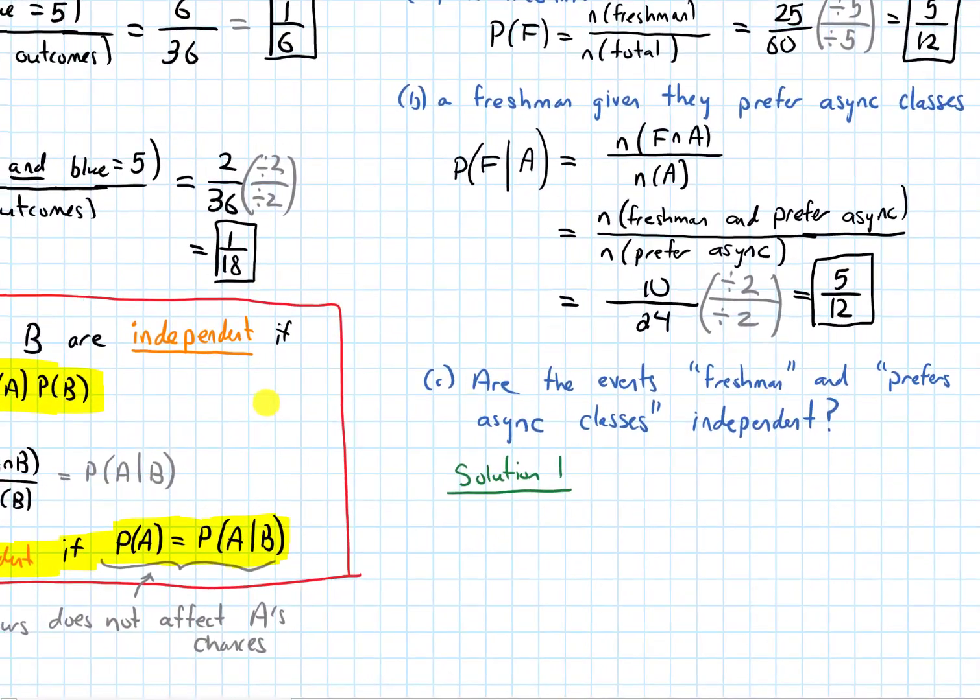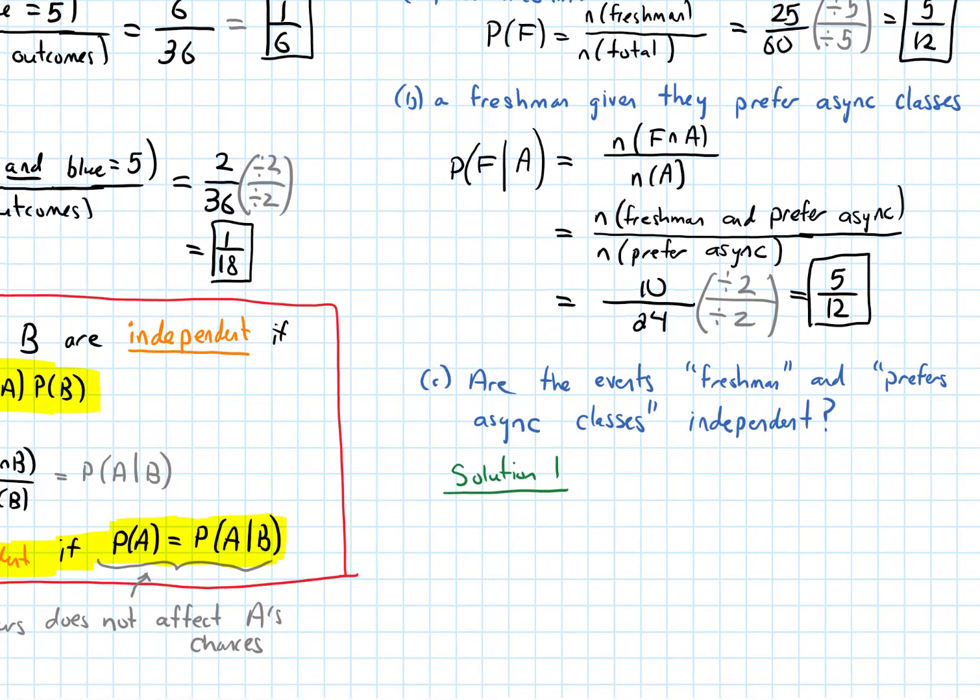Okay, so in solution 1, I'm going to check if the probability of F is equal to the probability of F given that A occurs. I'll put a question mark above my equal sign because I don't know if they're equal just yet. But we're essentially asking here, does A occurring affect the odds that F happens?